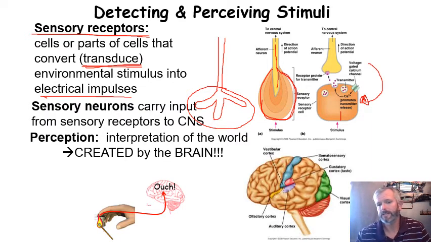Okay, so three main setups: free nerve endings, most basic, it's just nerve ending where we have the receptors. We can have a dendritic end modified into it, like we see here, and then we can have more complex where we have these specialized epithelials that transduce the stimulus signal.